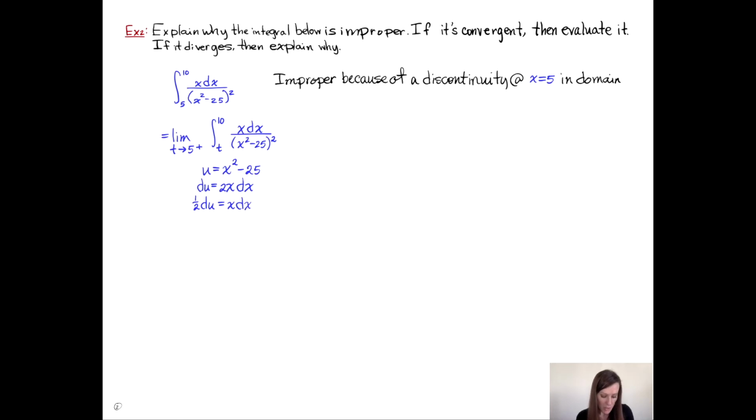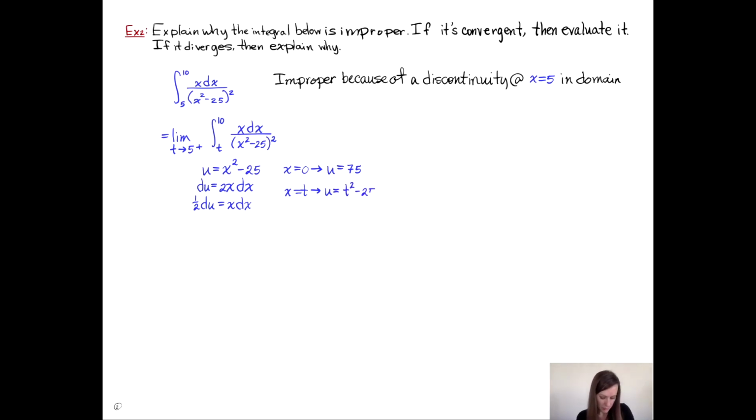To change your bounds, start with our upper bound. When x is equal to 10, we have that u is equal to 10 squared, 100 minus 25, which is 75. And for our lower bound, when x is equal to t, we have that u is equal to t squared minus 25.